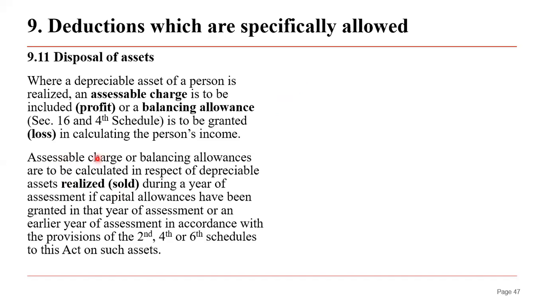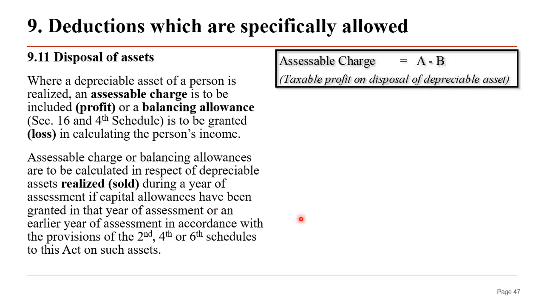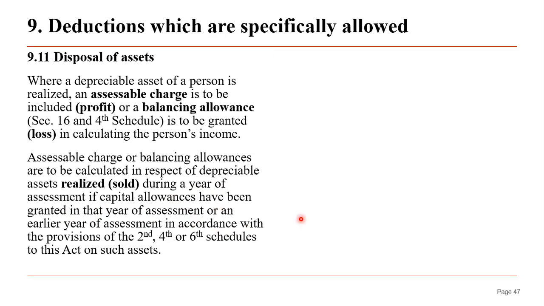Then assessable charge or balancing allowance are to be calculated for the respective asset realized, that means sold, during the year of assessment, if capital allowance has been granted in the year of assessment or an earlier year of assessment in accordance with the provisions, right? Then how to calculate the assessable charge is the question. Nothing is new.